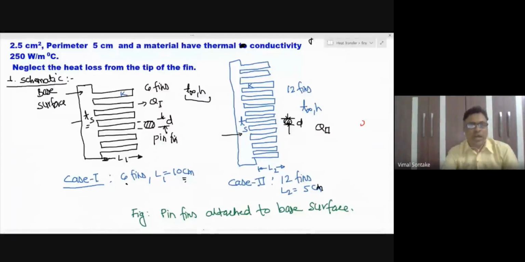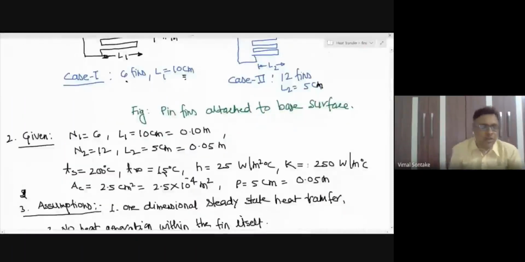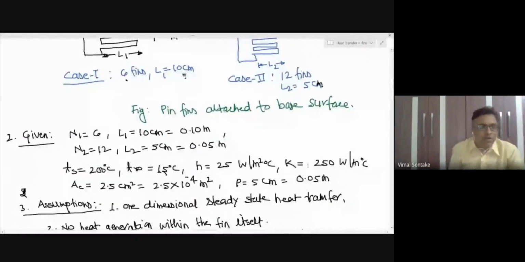Okay. After drawing this schematic, let us enlist the given parameters. So in case 1, the number of fins are 6 and the length of the fin is 10 centimeter, that is 0.10 meter.